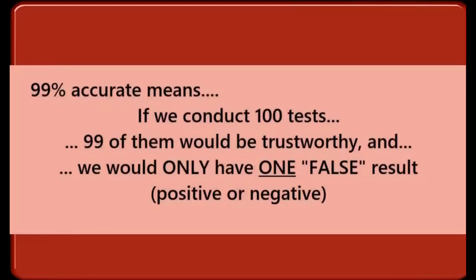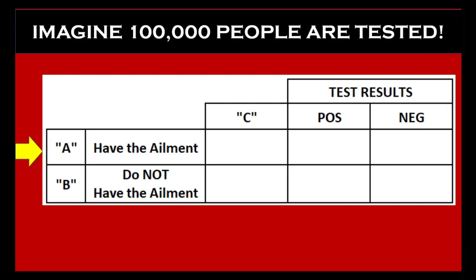Now, 99% accurate means if we conduct 100 tests, 99 of the results would be trustworthy, and we would only have 1 false result, positive or negative. So imagine 100,000 people are tested, and we create a table. Row A is for those who have the ailments, and row B is for those who do not have the ailments.